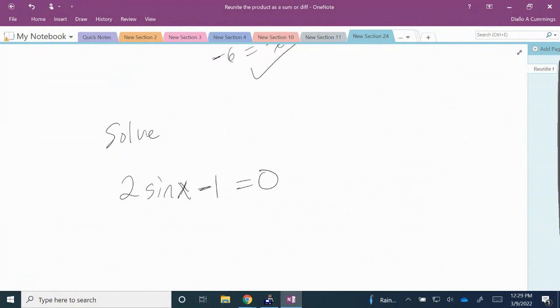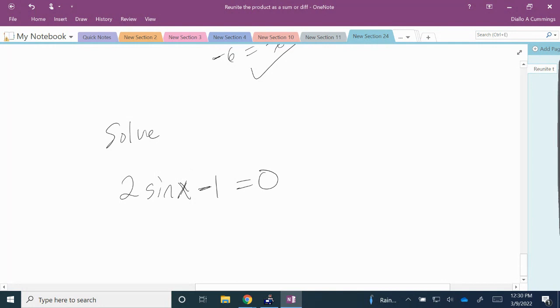All right. So the first thing you should notice is that this is a linear equation, because I have the sine of x, and that sine is raised to the first power. Now, if this were like 2 sine squared x minus 1, that would throw it into the realm of being a quadratic equation. So if you have a square, you treat it as a quadratic.